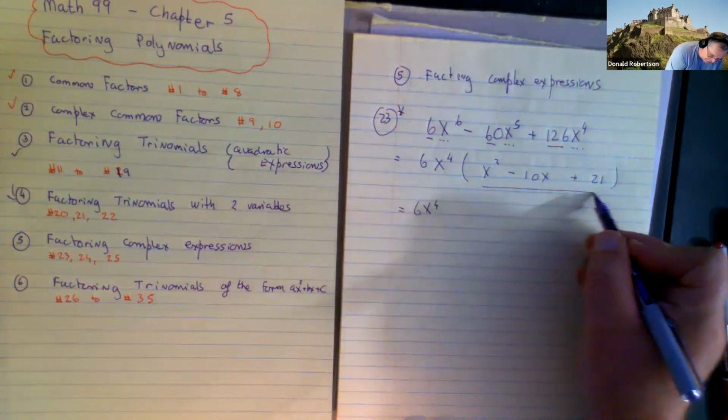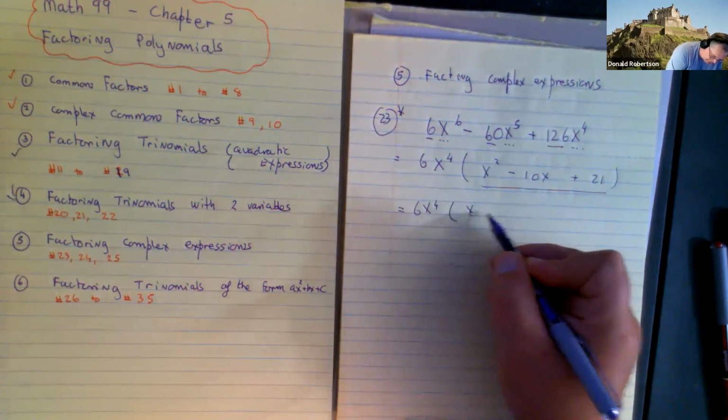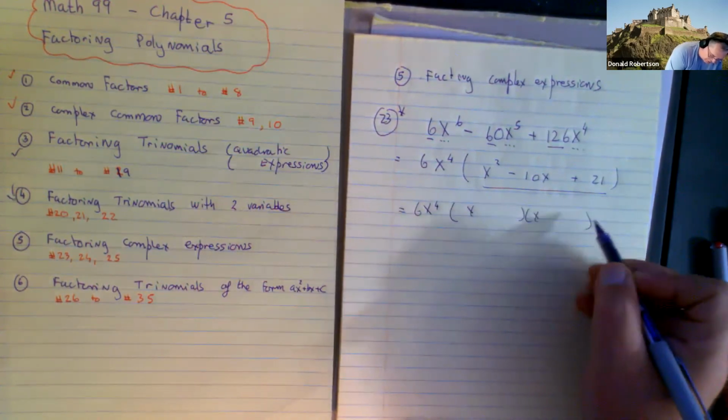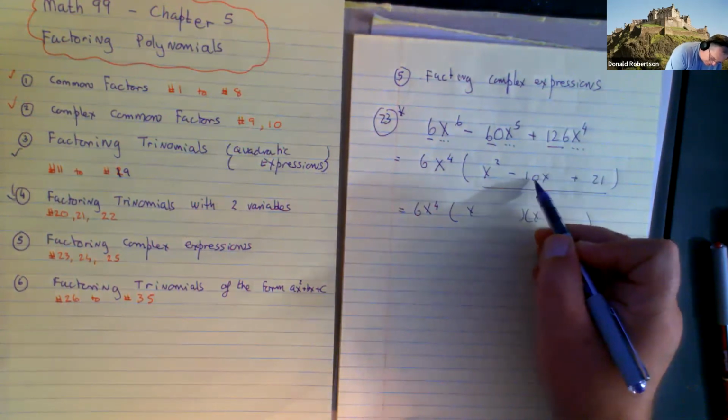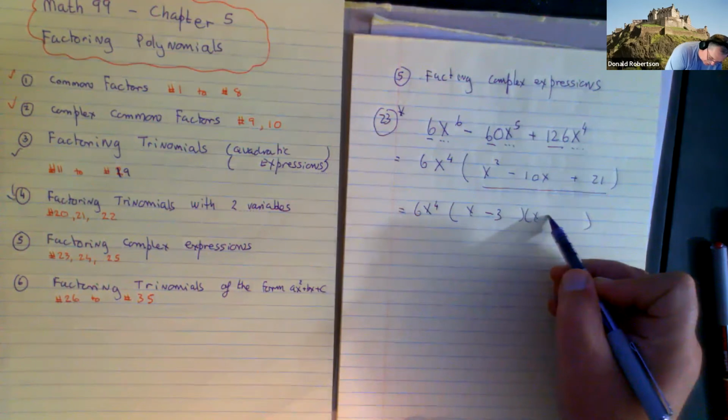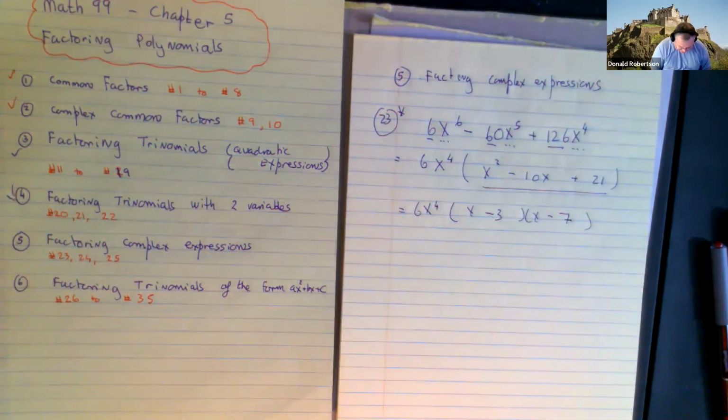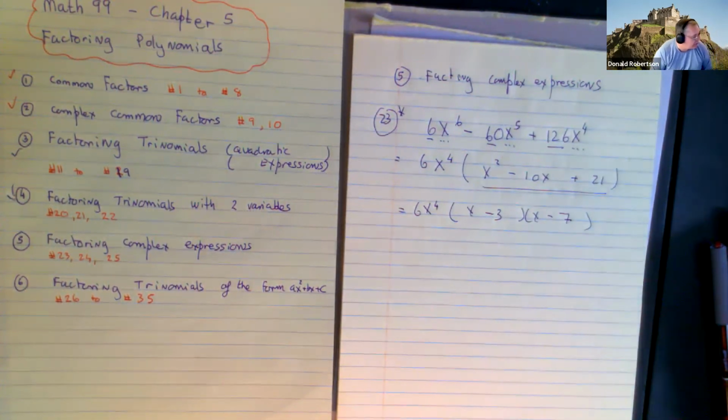And then this trinomial can be factored. Two numbers that give me plus 21 when I multiply them, but negative 10 when I add them, are negative 3 and negative 7. And that's that guy factored.